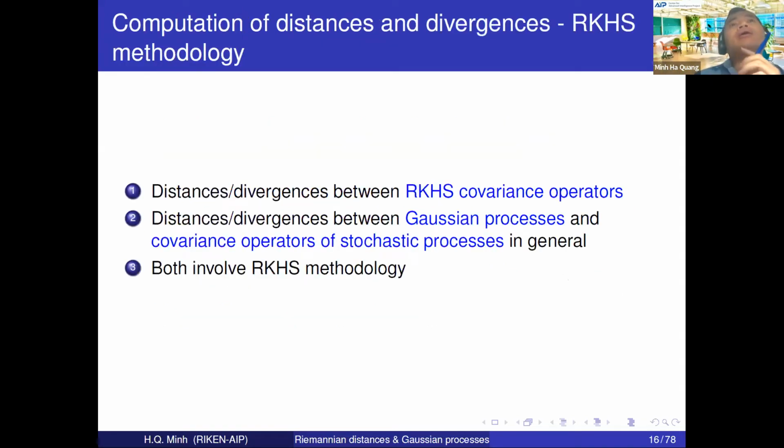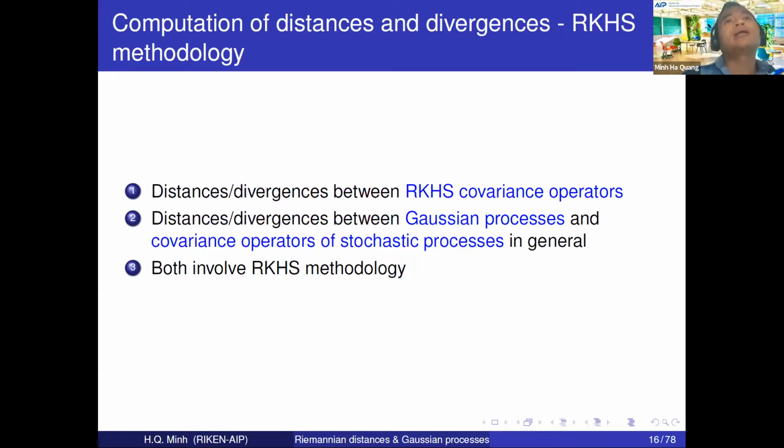So now these distances are kind of abstract distances between abstract operators. There are at least two ways to compute them concretely in practice. I'm talking about two cases that involve reproducing kernel Hilbert spaces, the RKHS methodology. The first one is the distances and divergences between RKHS covariance operators.